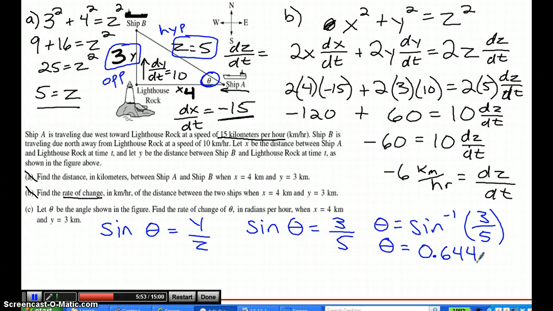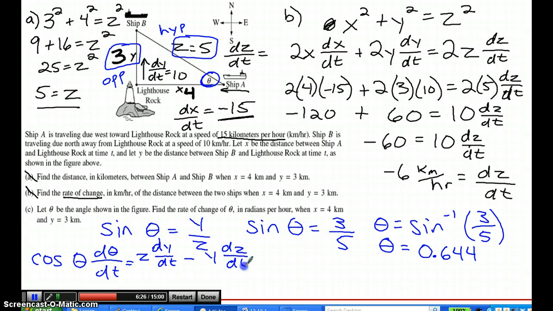Now that we know theta, we can take the derivative of our original function and plug in our theta, y, z, dy/dt, dz/dt. The derivative here, we get cosine theta, d theta/dt, because there's a rate. We have a quotient rule. So we have z times dy/dt minus y dz/dt, all over z squared.